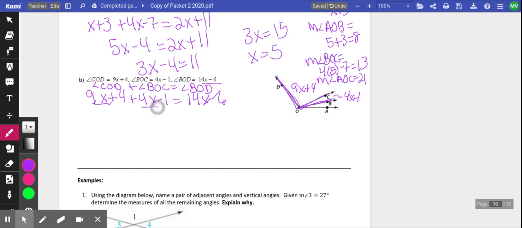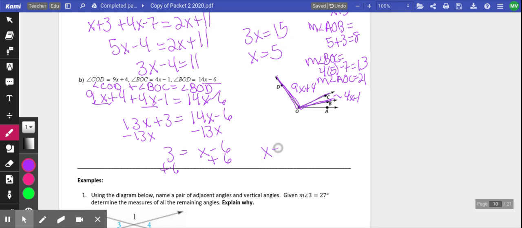So 9x plus 4x is 13x. 4 minus 1 is plus 3 equals 14x minus 6. I'm going to subtract 13x. And we have 3 equals x minus 6. I add 6, and x equals 9.